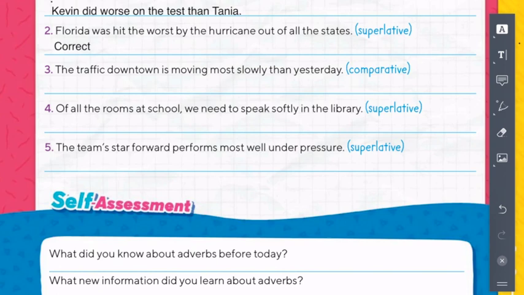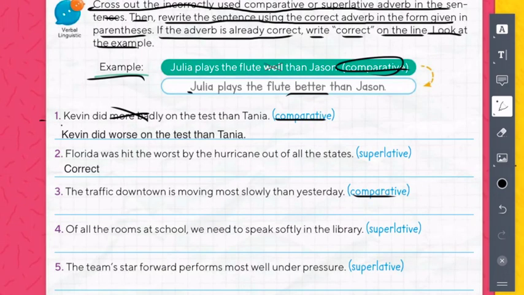Number 3. The traffic downtown is moving most slowly than yesterday. It needs to be comparative. For slowly, we used most slowly for comparative. Incorrect. It's not the most slowly, it's more slowly.